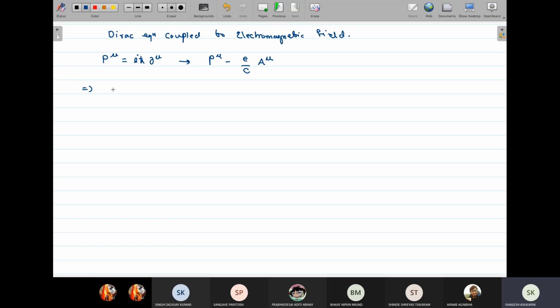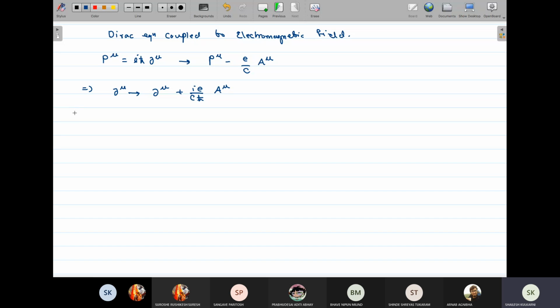This implies that del mu must be replaced by del mu plus i e by c h cross A mu. So this replacement in the free Dirac equation will give us the Dirac equation in the presence of the electromagnetic field. So let us do that.